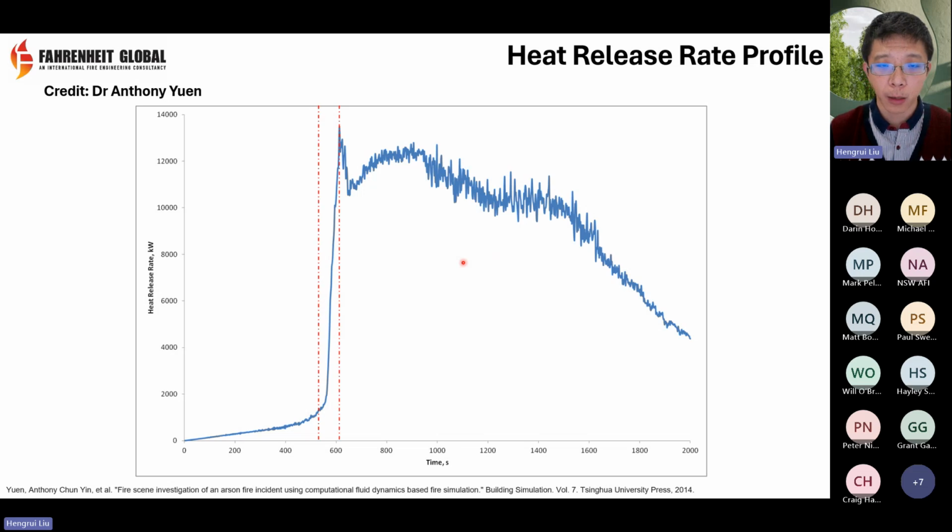And by observing the heat release rate, or the amount of energy released here, we answered the same question. Pre-flashover, it's sustained below 2000 kilowatts to megawatts. That's pre-flashover, before the window break.